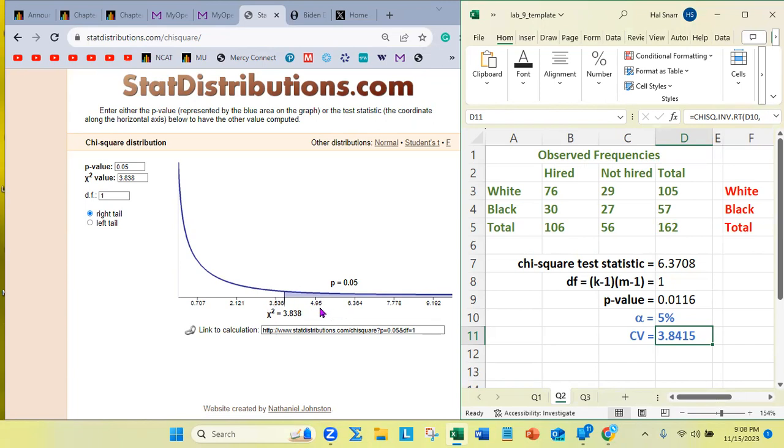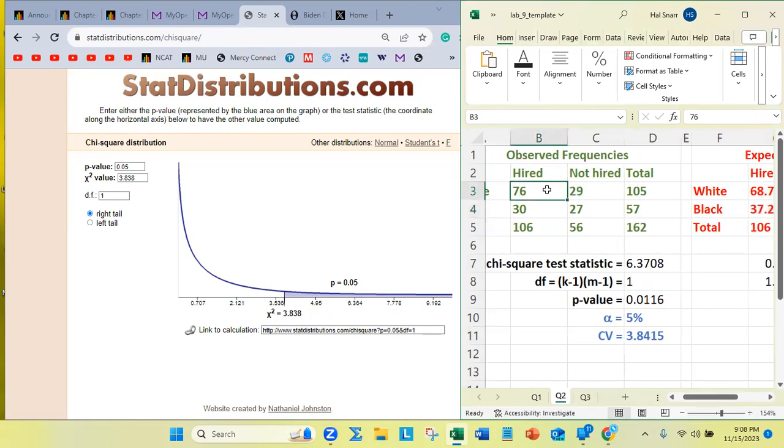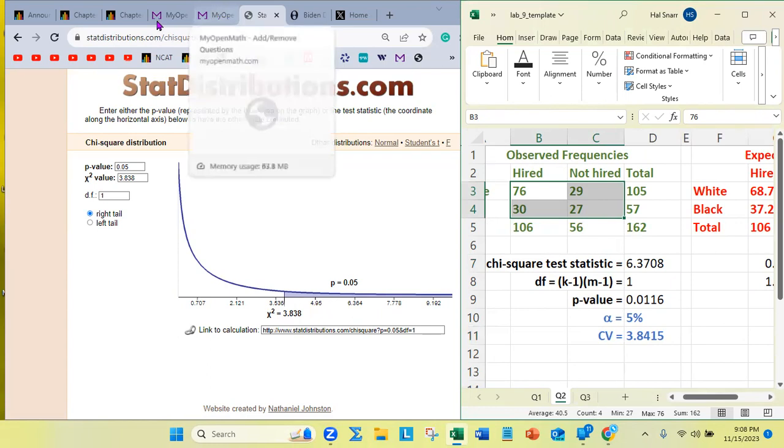But if the chi-square test statistic is out here, under the shaded blue area corresponding to the significance level, then the differences are significant. And our test statistic is right about here, right under the significance level. So these differences between the expected frequency and the observed frequency, those differences are significant.